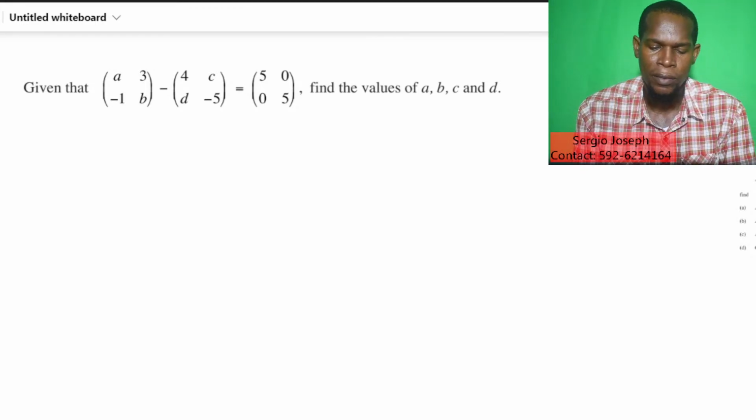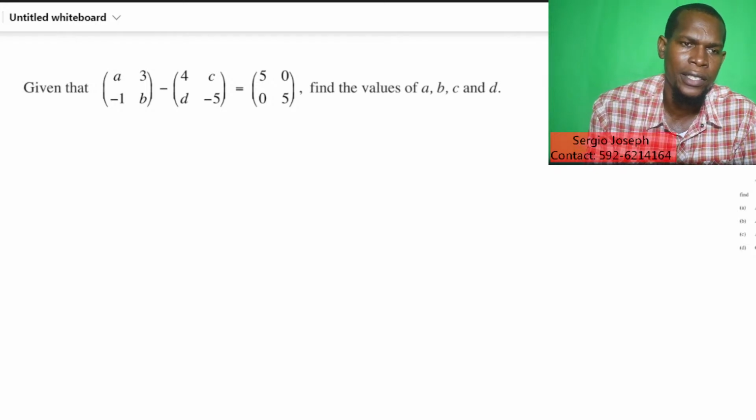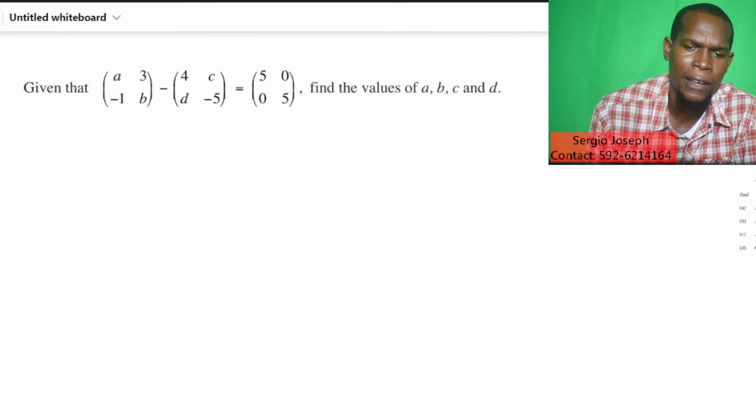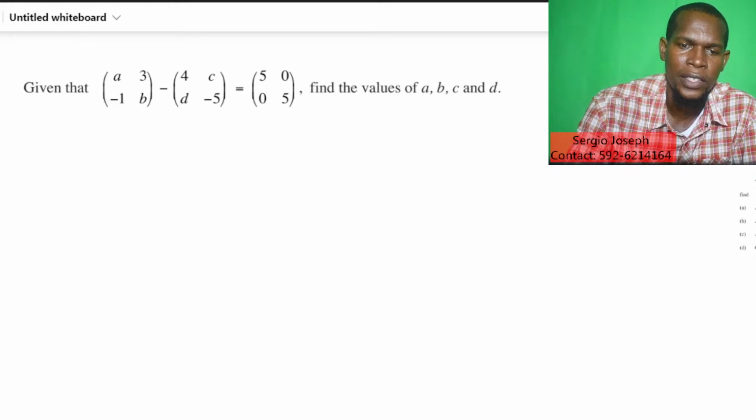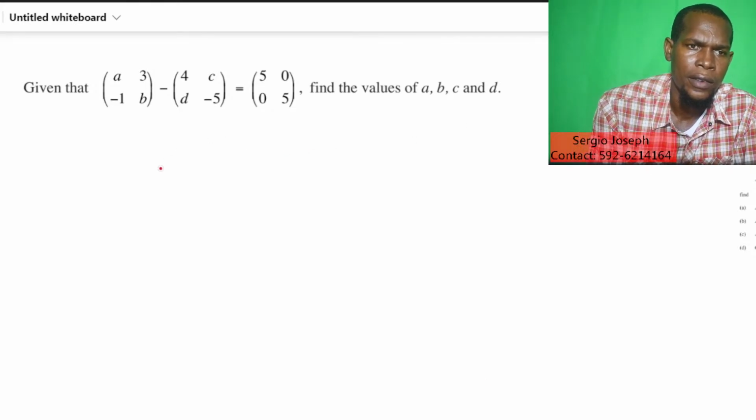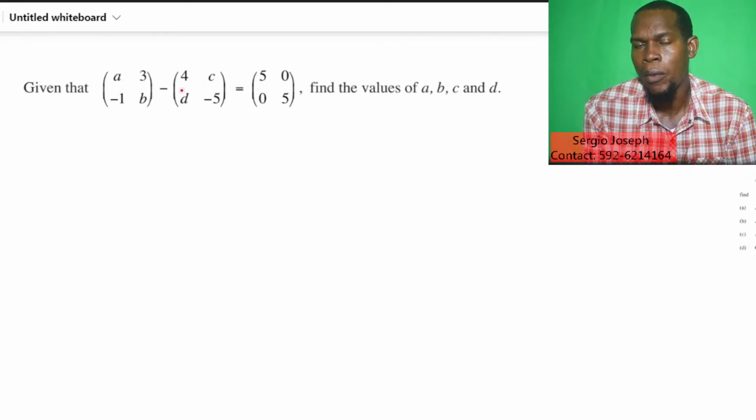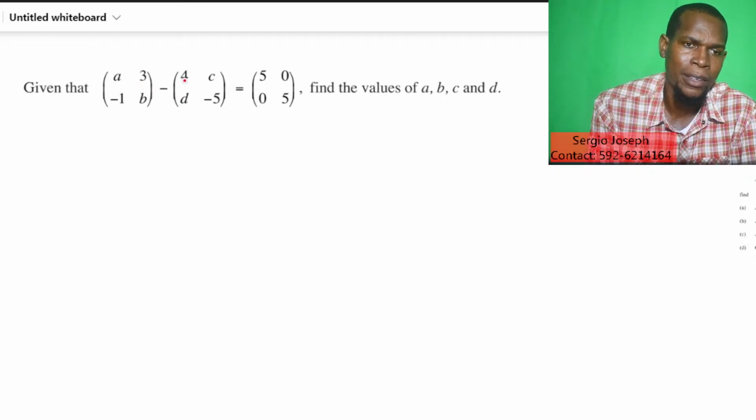All right, let's go. On the last slide, we established that matrices, if you have to add them, must be of the same order, and we add or subtract corresponding elements.